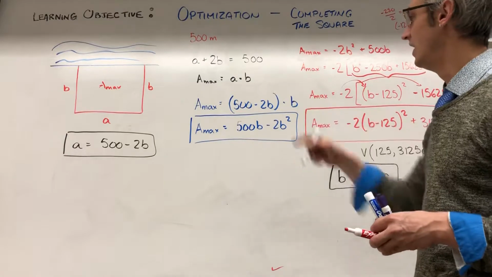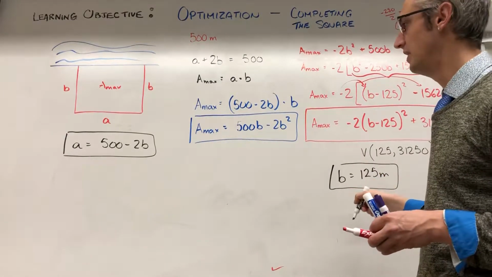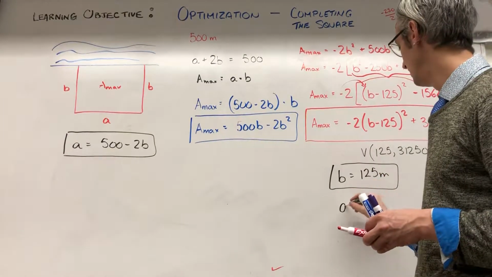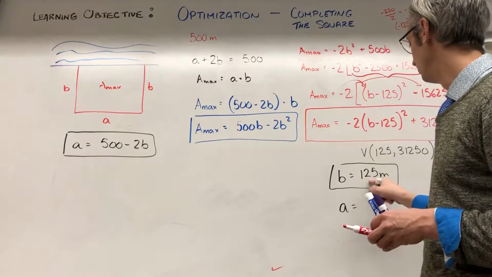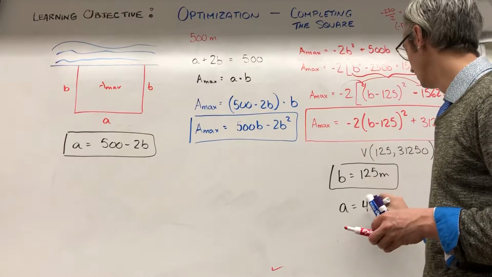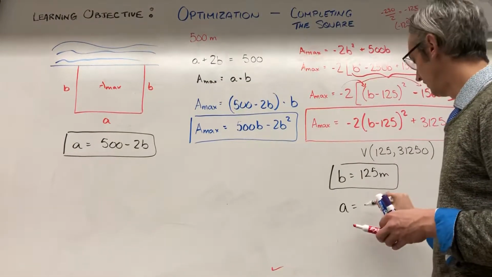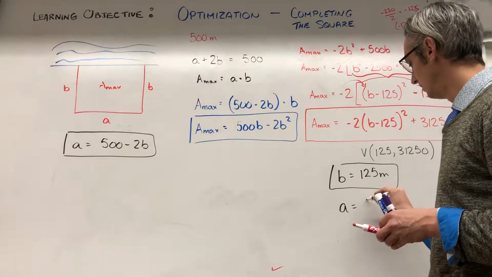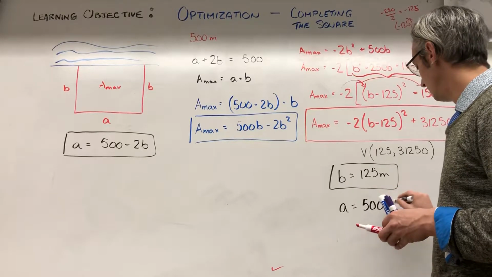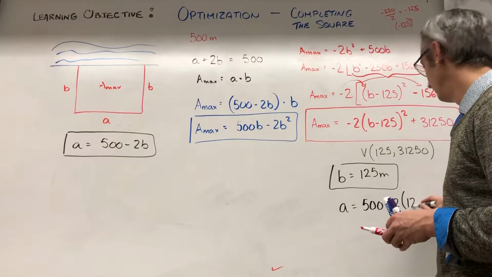And then therefore A is 500 minus 2B. So A is 500 minus 125 is 375. 500 minus 2B. So 500 minus 2 times 125.